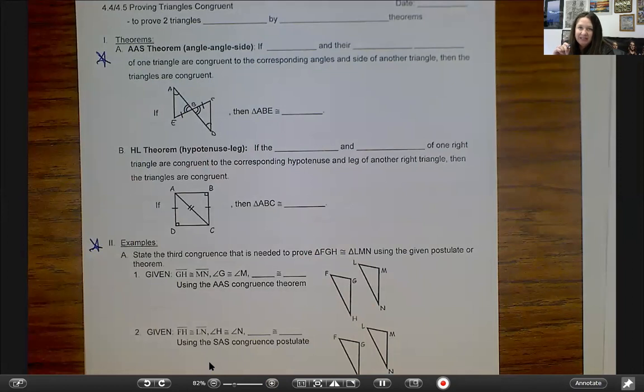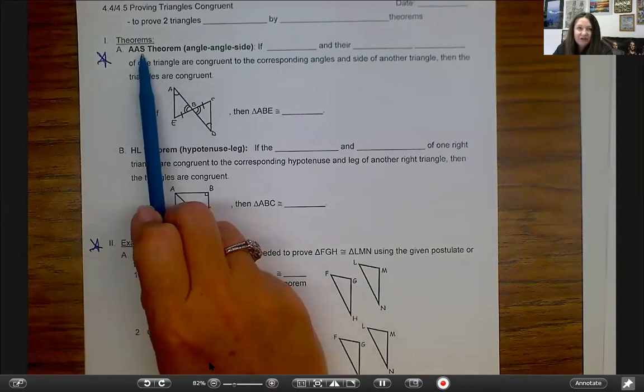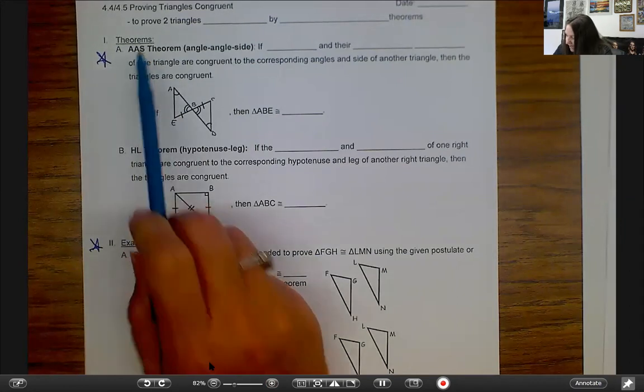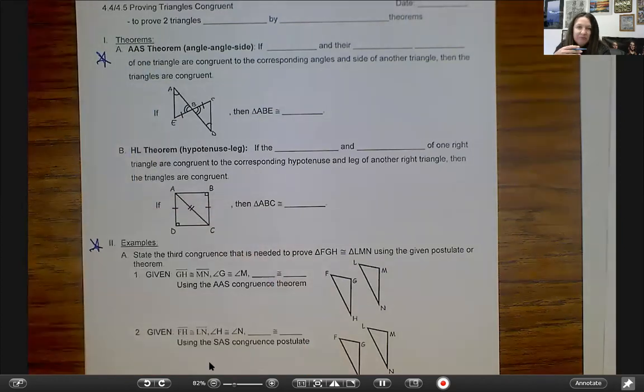Now keep in mind that you have to have one set of sides that you know are congruent, and then you have to have two sets of congruent angles. The side is just not located in between, but I want you to take a look at this and see what it means.